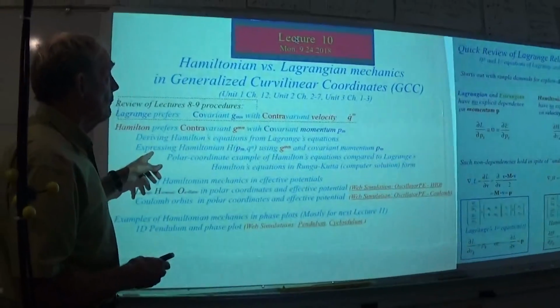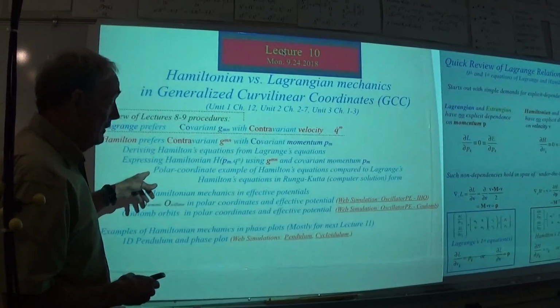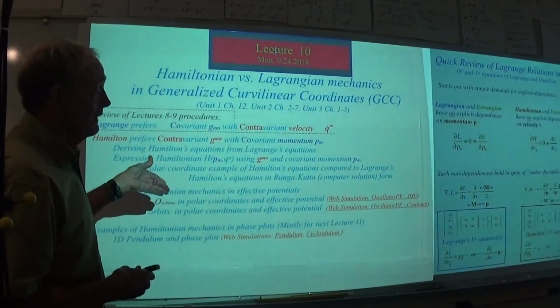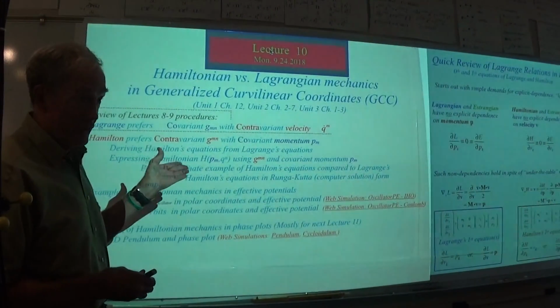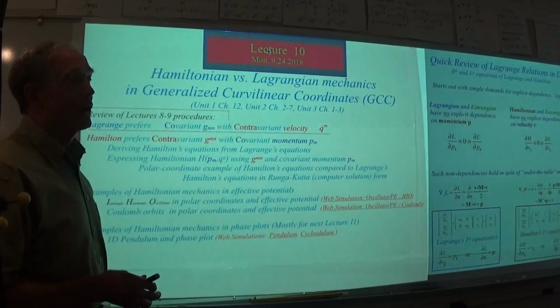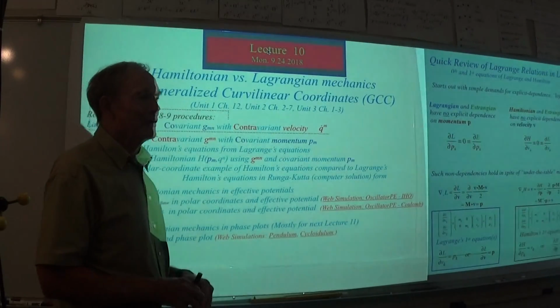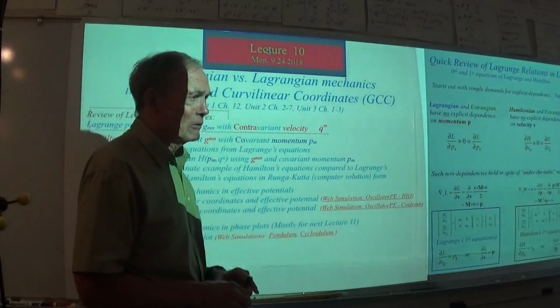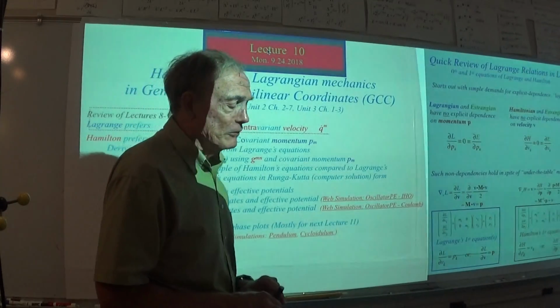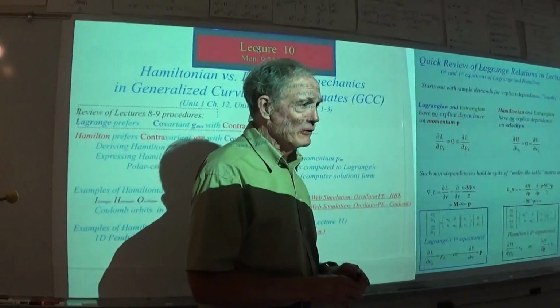The main thing I want to get across today is the advantages and disadvantages of each of these. There's no single Swiss Army knife for any physics that I know of, and mechanics is no exception. Sometimes it's really a good idea to use a Lagrangian.